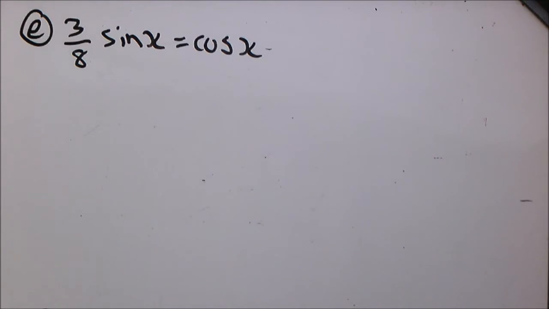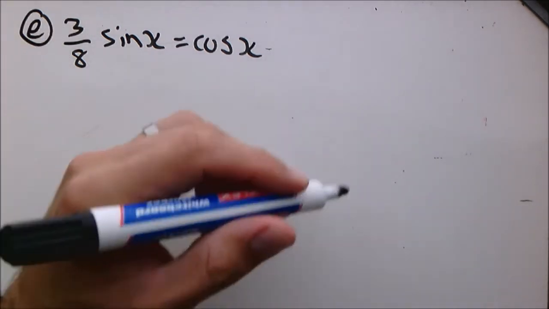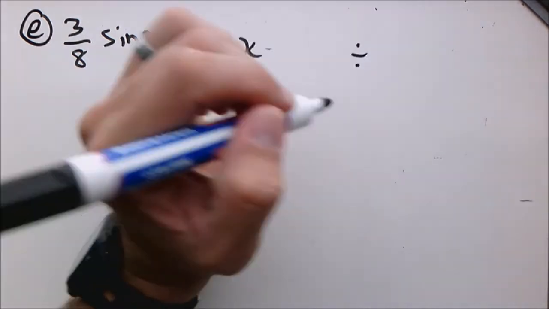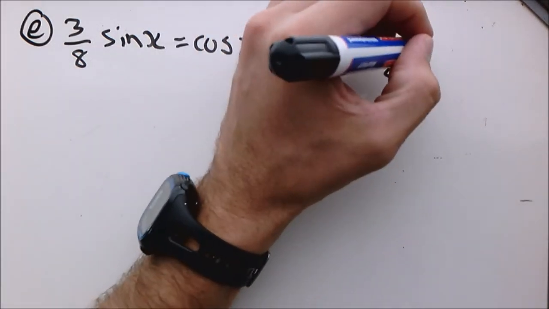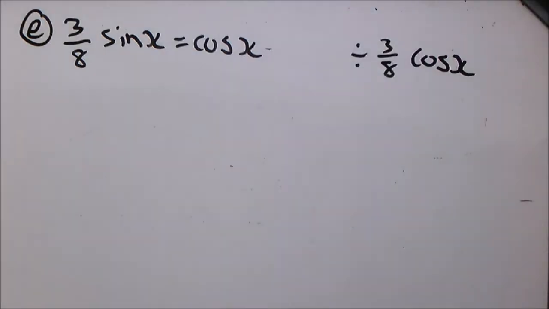3 over 8 sine x equals cos x. Okay, so it already has the cos x on the right hand side, which makes it much easier. But we also sit with this 3 over 8. So what we are going to divide with is 3 over 8 cos x on both sides.